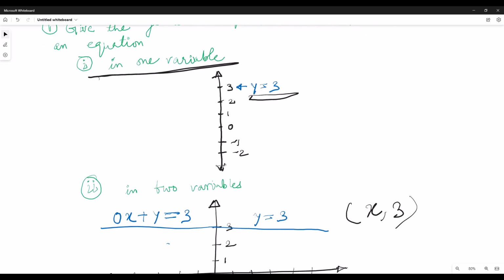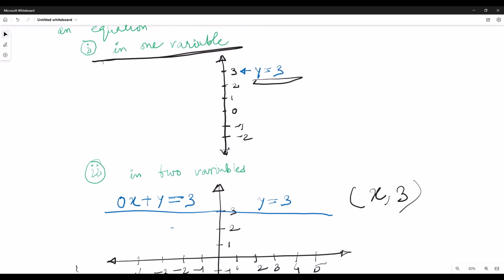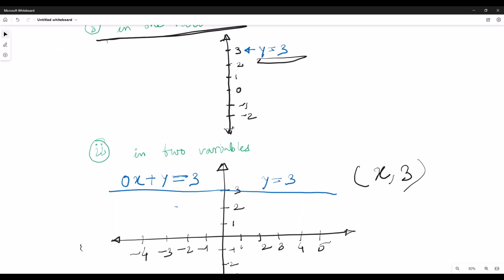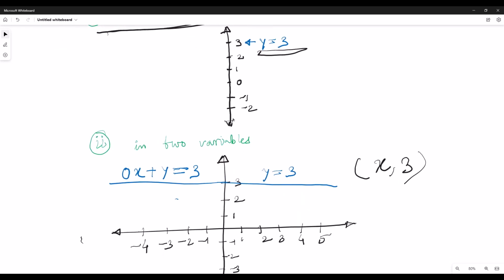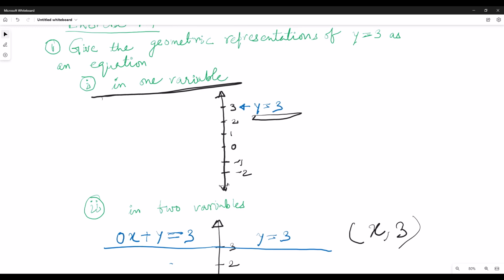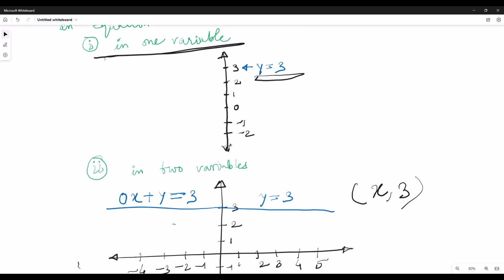So y equals 3 in one variable can be represented on a number line. And in two variables it has to be represented on a coordinate plane.